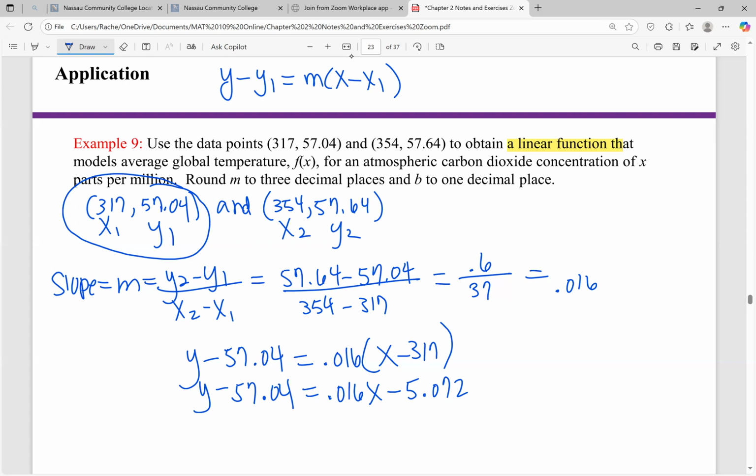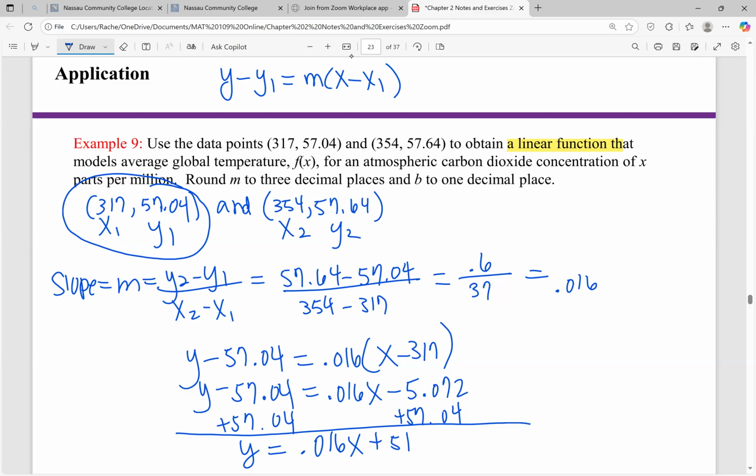Now let's write this in y equals mx plus b form. There's nothing wrong with this equation of a line in this form, but it's nice to write our final answer in y equals mx plus b form, because then it's clear to see what the slope and the y-intercept are, and then we can describe the relationship between the two variables. So I'm going to add 57.04 to both sides of the equation. We get y equals 0.016x, and then I have 57.04 combined with a negative 5.072, and we end up with plus 51.968.